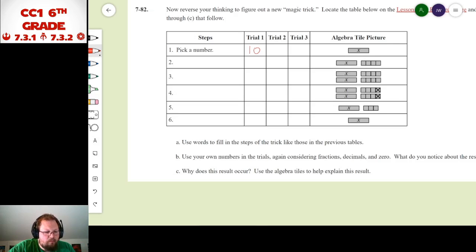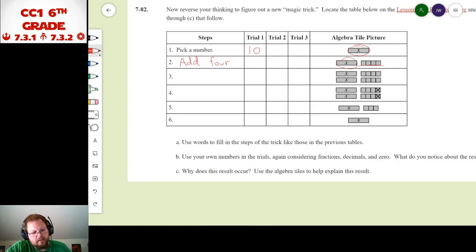So if the first part is pick a number, the second step is add 4, because they had the original number and then they added 4 to that. So try to finish out the rest of this and see if you can fill in all of those steps.